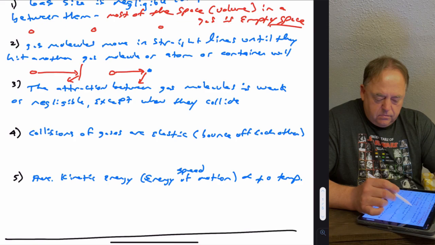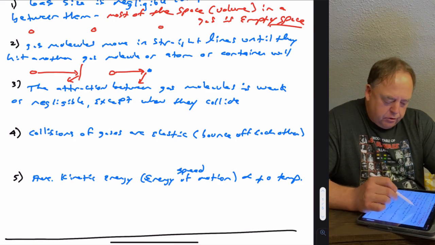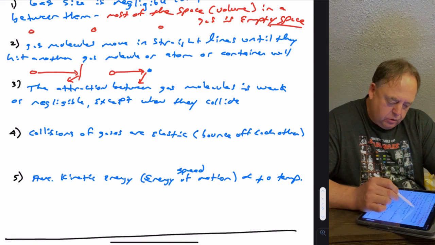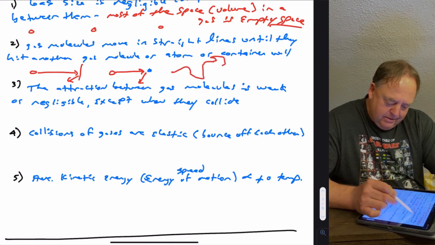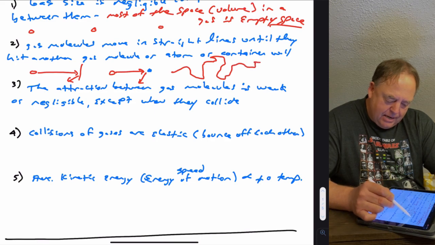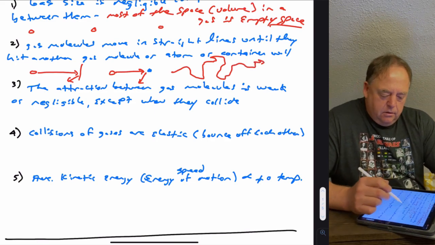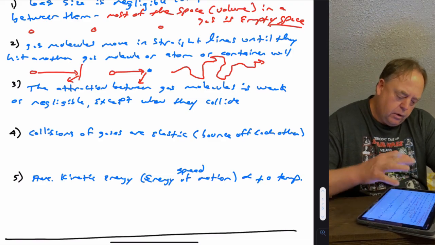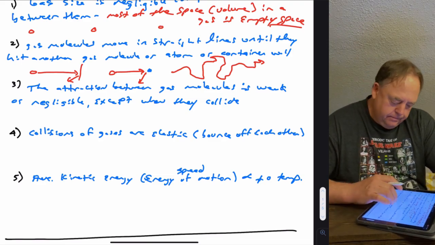Gas molecules move really fast, and they end up hitting a lot of things. So in reality, the motion of a gas molecule maybe looks something like that, but all of those turns are simply due to collisions. Otherwise, it's just flying in a straight line.